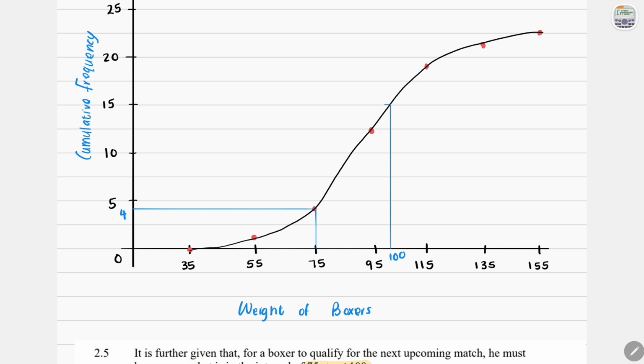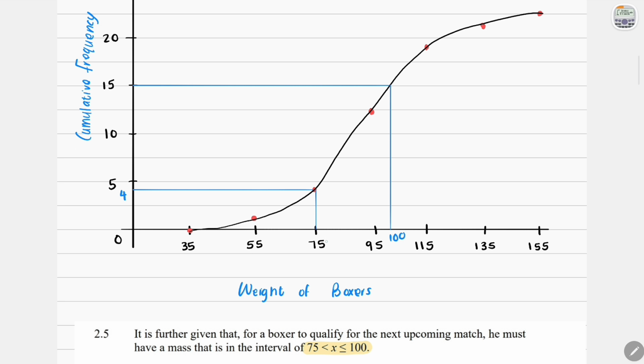The cumulative frequency value that we have, the total number of people here that weigh 100 or less than 100, are exactly 15. So to find out the people who would qualify between 75 to 100, you're going to say that this is 15 minus 4. The total people who weigh 100 or less than 100 are a total of 15.